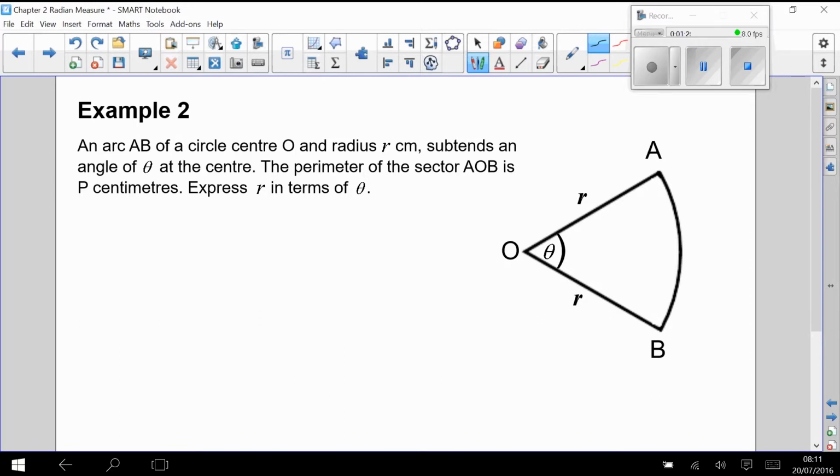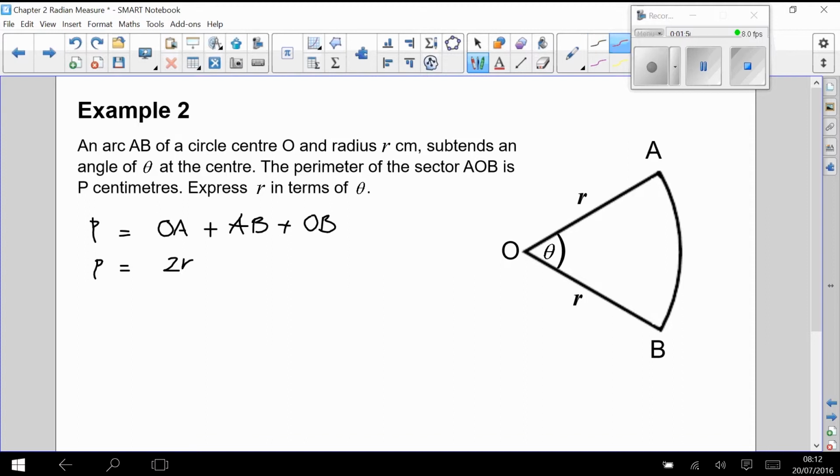If I wanted the perimeter for this particular shape, the perimeter is the edge of the shape. So that's going to be the distance from O to A, and from A to B, and from O to B. Well, we know that the distances from O to A and O to B are r, so those two distances are going to be 2r.